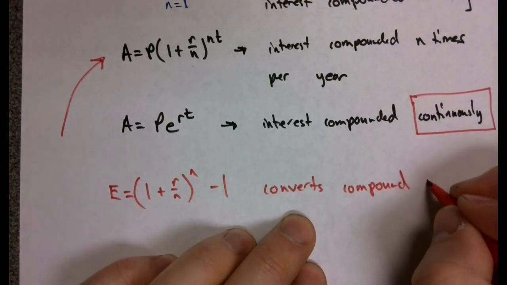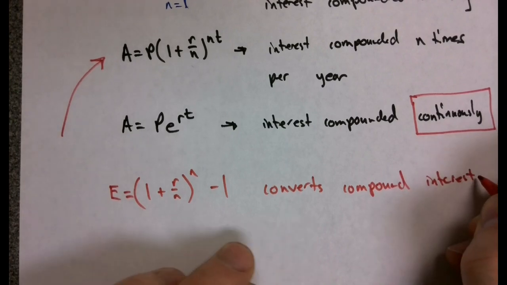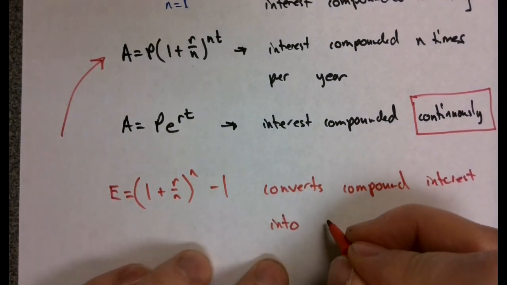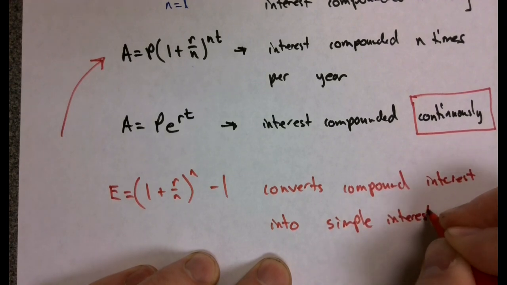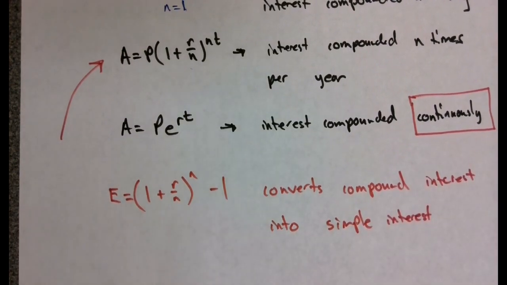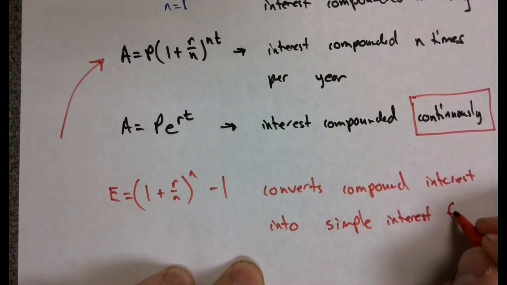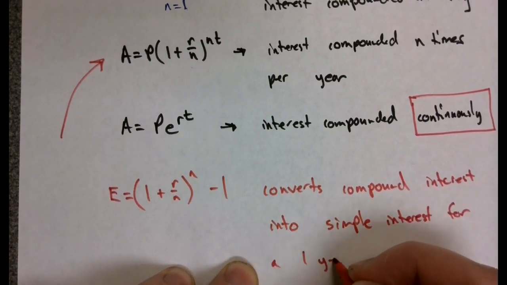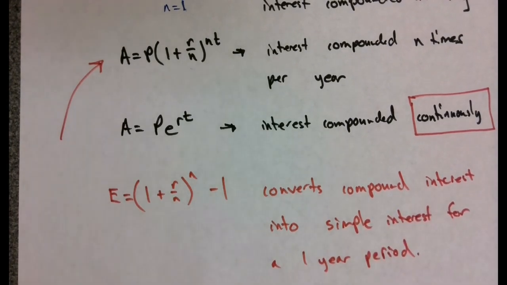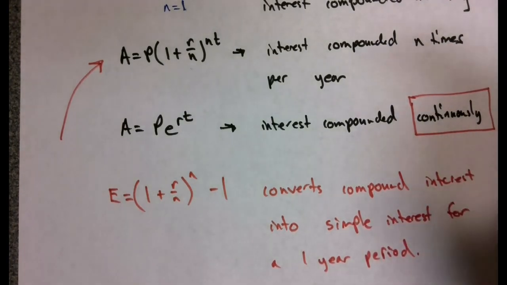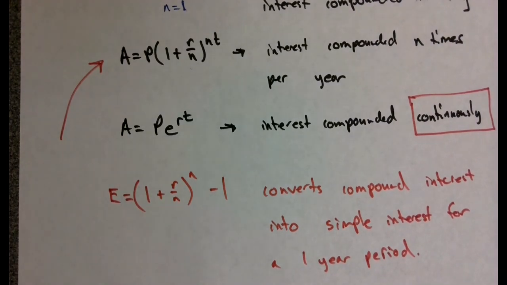So it converts compound interest into simple interest, looking at a 1-year period. Remember, this was the way we could compare different compound interest rates and compound times to decide which is better for an investment or for, say, a mortgage or borrowing money. So happy studies. I hope you all are surviving.